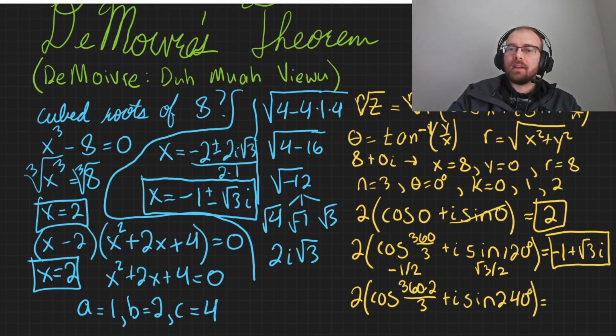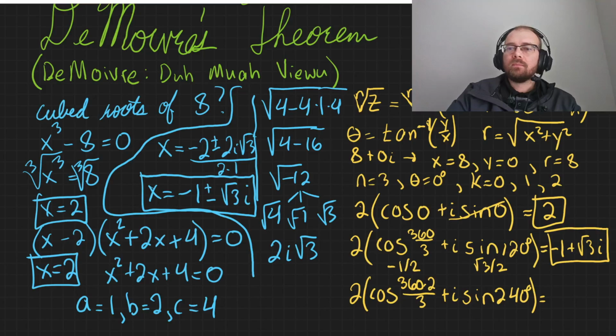All right, I'm going to move this down just a little bit more. So let's start over here. So cosine of 240 degrees is going to be in quadrant 3, and that's going to be 60 degrees away from 180. So that's a 60-degree reference angle again. And so cosine of 60 is a half. We're still in a negative quadrant for cosine, so that's going to be negative 1/2.